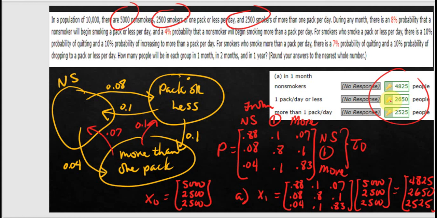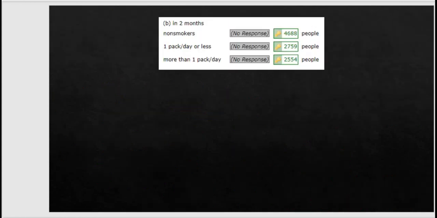Now let's look at part B and C. For this part, it says what happens in 2 months. So this would be x sub 2, that transition matrix raised to the second power times what you had for x naught, right?